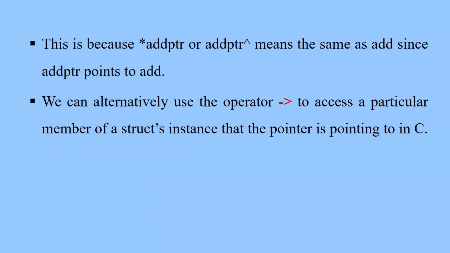We can alternatively use this operator to access a particular member of a struct instance that the pointer is pointing to in C. For example, if we have this statement, we are accessing the member of the struct instance that the add pointer is pointing to.